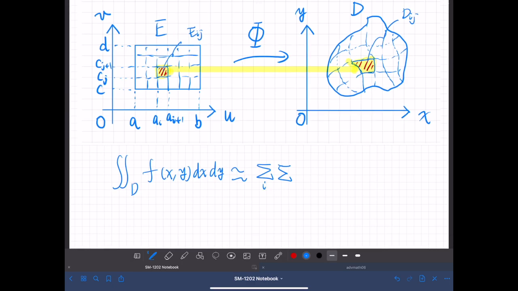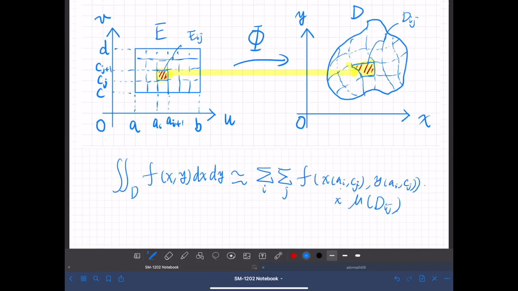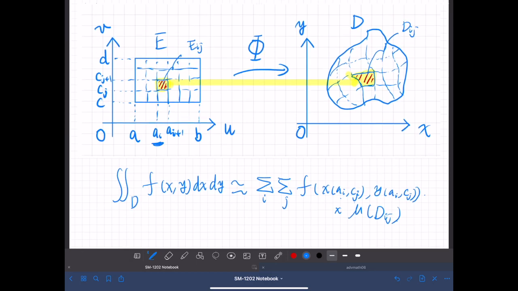We sum f of (x(ai, cj), y(ai, cj)) times the area of Dij. Here mu of Dij means the area of this shape, and ai and cj are the points here and here.